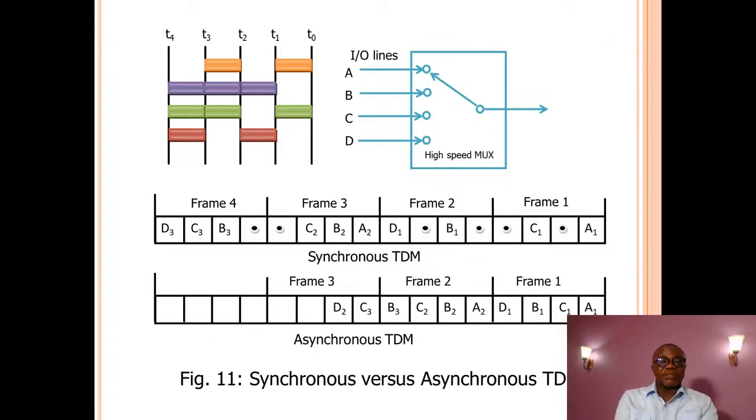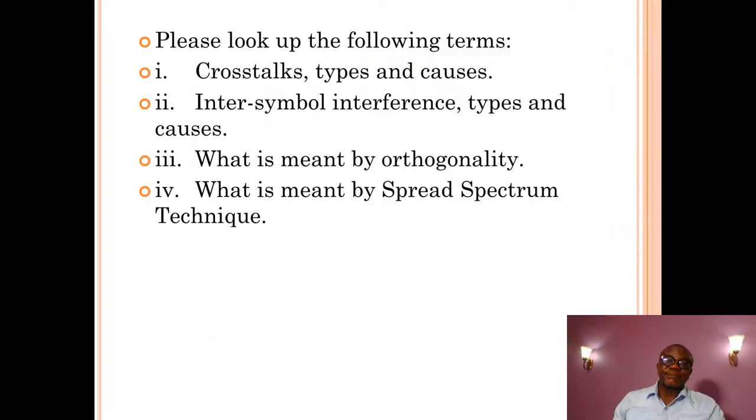In other words, it has conserved 1.5 spaces compared to synchronous TDM. So you see how advantageous it is to use asynchronous TDM, even though we say it has additional features to be able to determine when it started and when it ended.